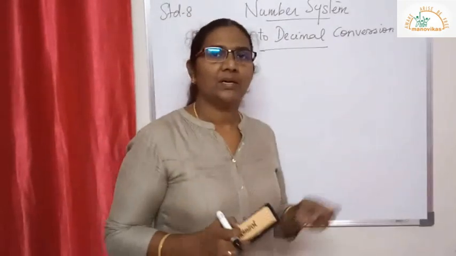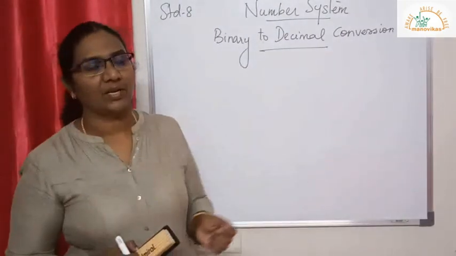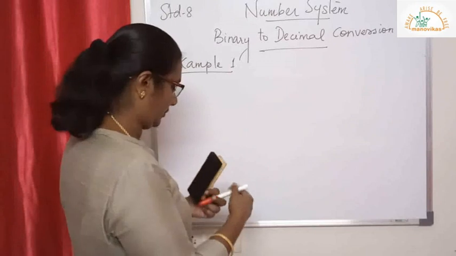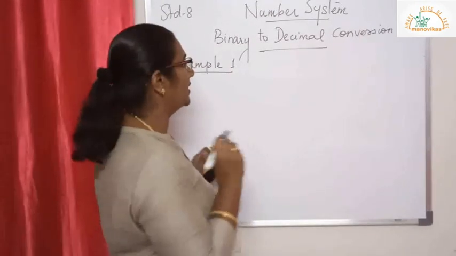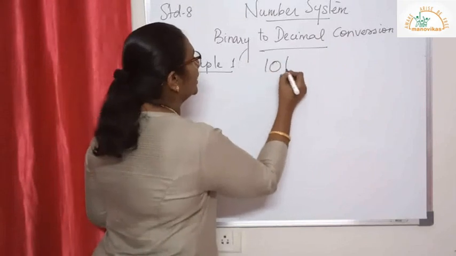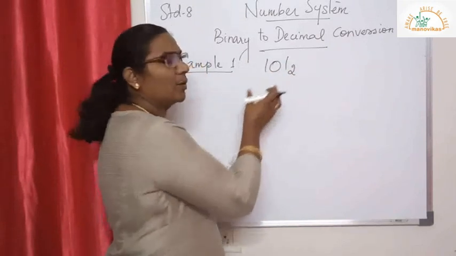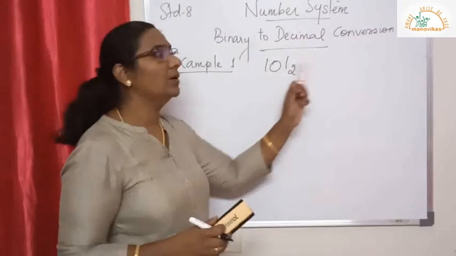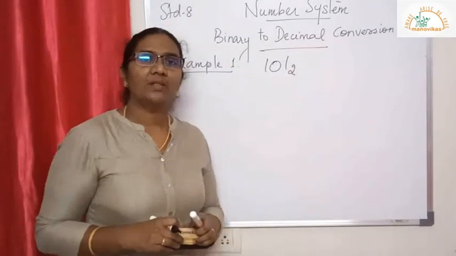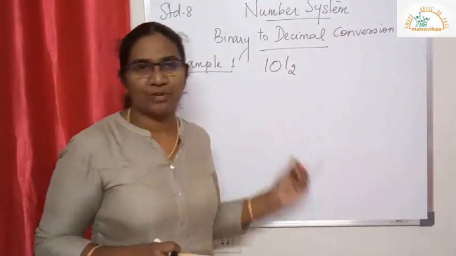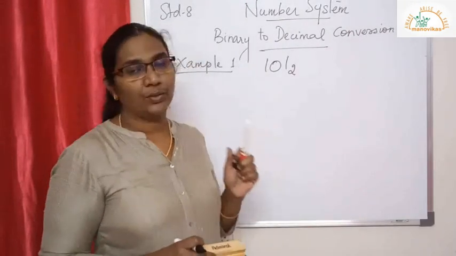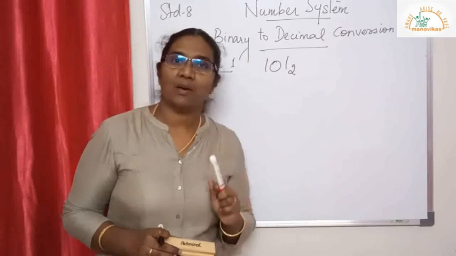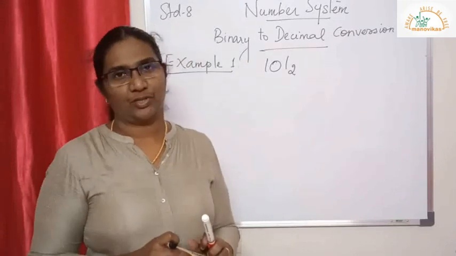Now let's convert a binary number to a decimal number. My first example is 101 to the base 2, which I am going to convert from binary to decimal. There are procedures which need to be followed for converting from binary to decimal that you must remember and apply at the time of conversion.